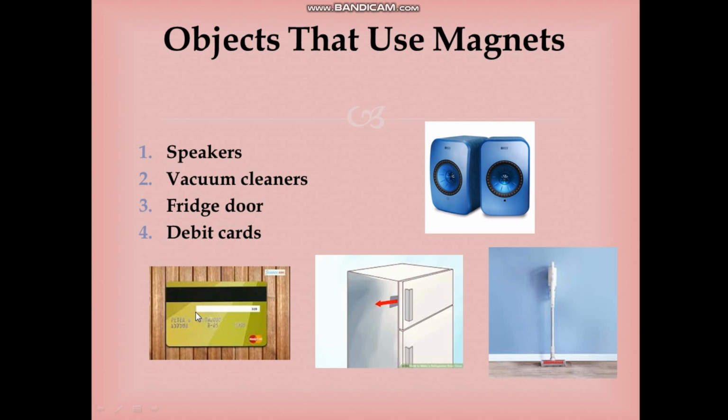The last one is a debit card or credit card. The black strip on a debit card or credit card is made by magnets. We call it a magnetic strip. How does this magnetic strip work?